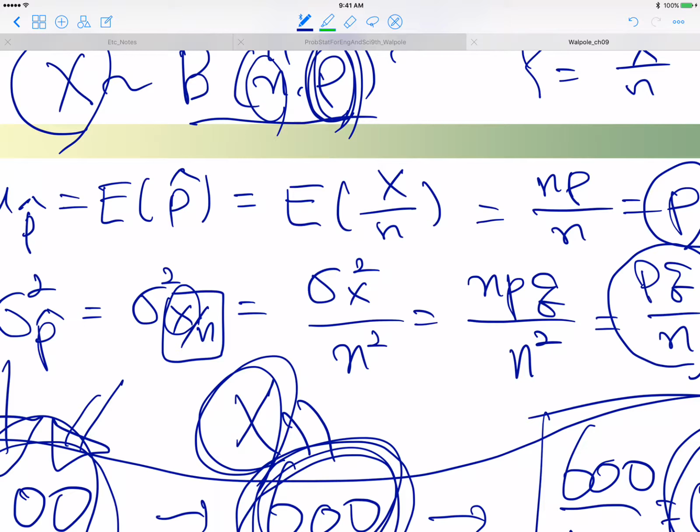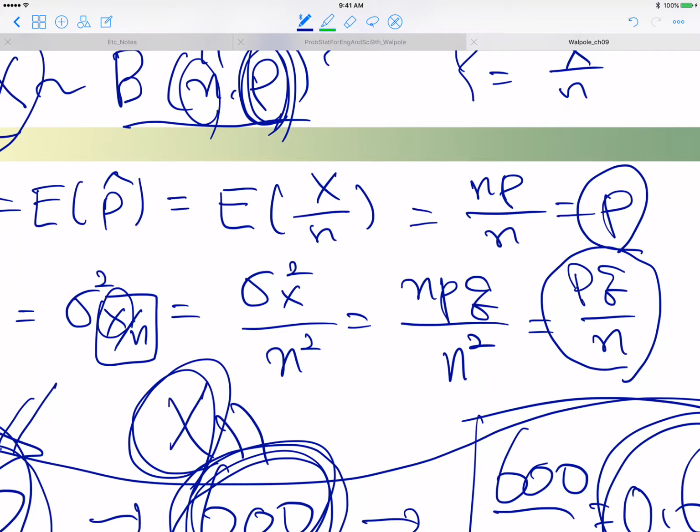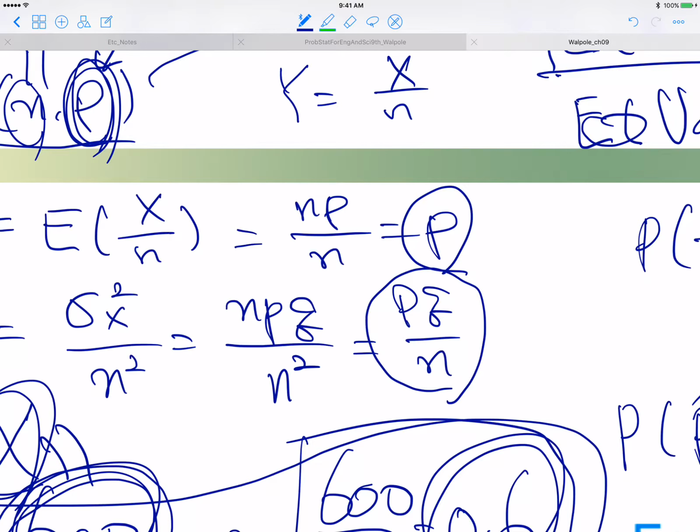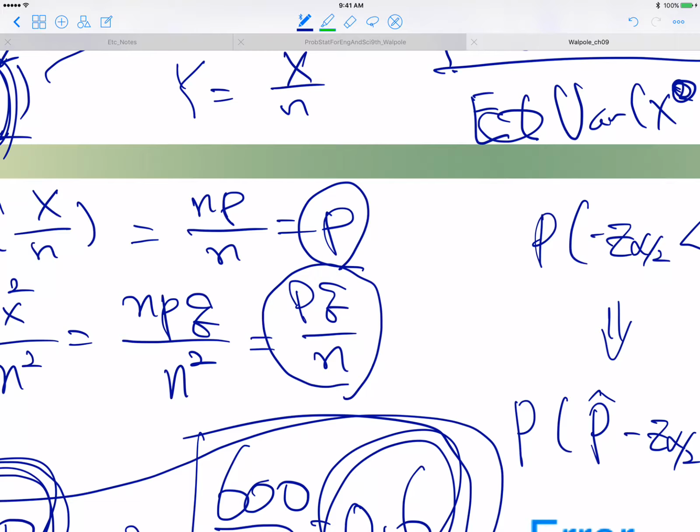So x over n, our estimator for p, follows a Gaussian distribution when n becomes large. What are the mean and the variance of this Gaussian random variable? The mean value is p, and the variance is pq divided by n, right?